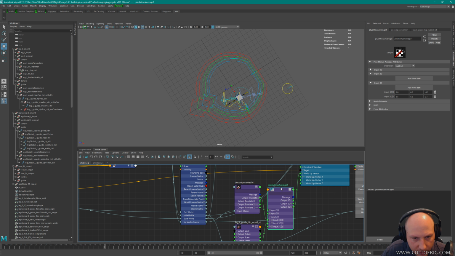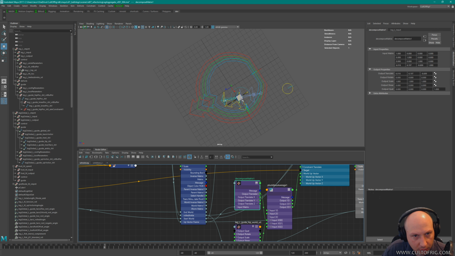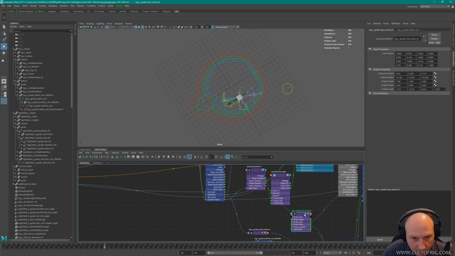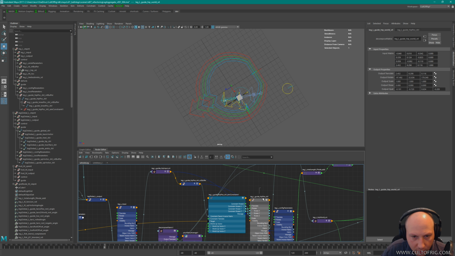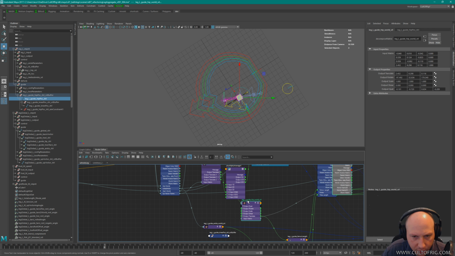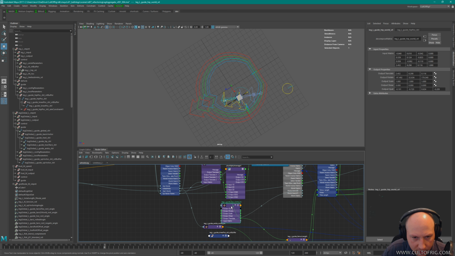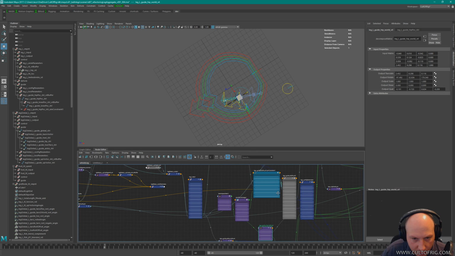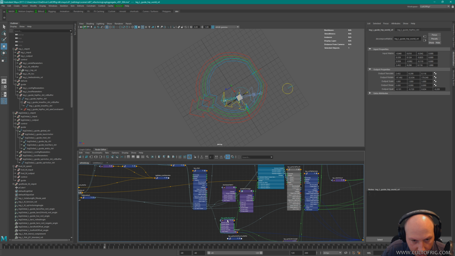Okay, what is going on here? Leg guide, hip forward. Oh, hip pose. Super nasty. Okay, no, again, stupid user. Very stupid user. This is a cycle, and a nasty one at that.